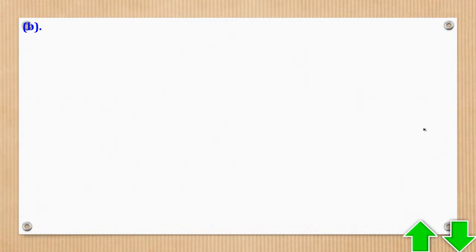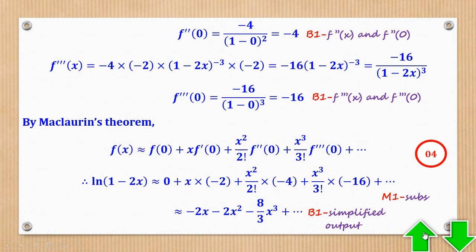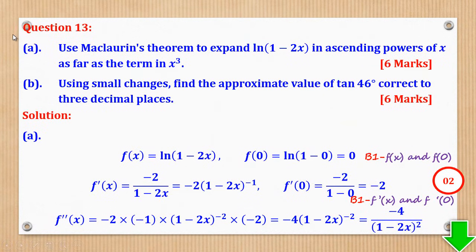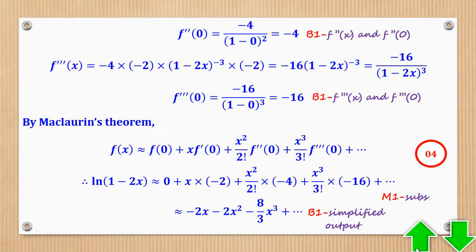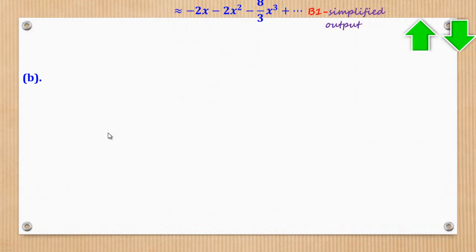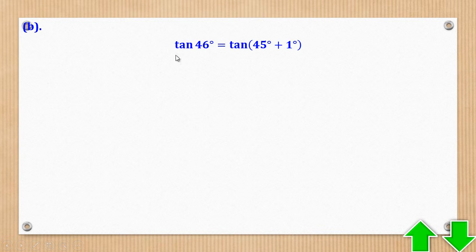Then part B, using small changes, find the approximate value of tan 46 degrees correct to 3 decimal places. So tan 46 is close to tan 45, so it will be equal to 45 plus 1.